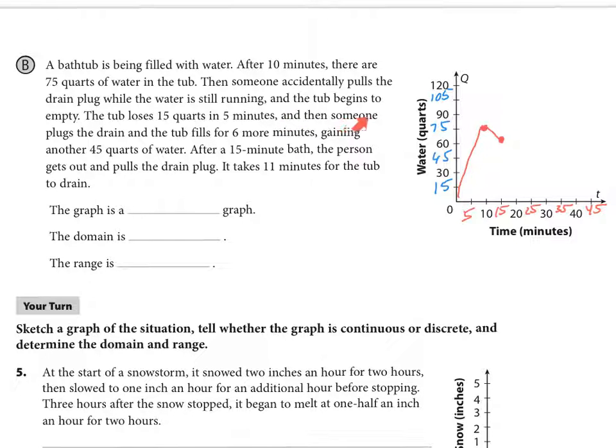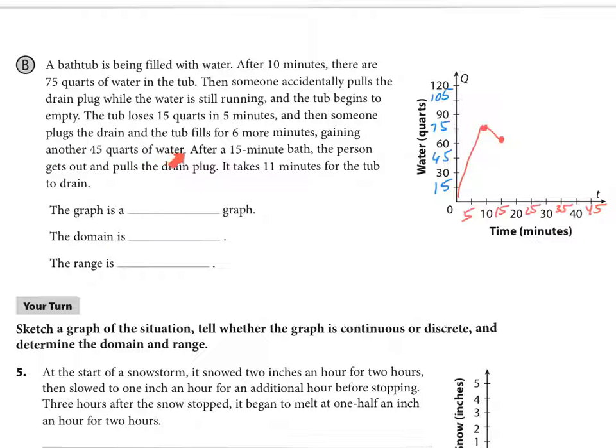At that point, it says someone plugs the drain and the tub fills for 6 more minutes. So I'm at 15, so where is this going to take me now? I'm at 15 minutes for this point. Tub fills for 6 more minutes, so now I'm going to be at 21, so just past 20.